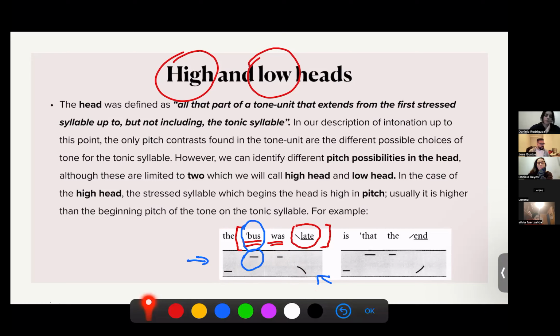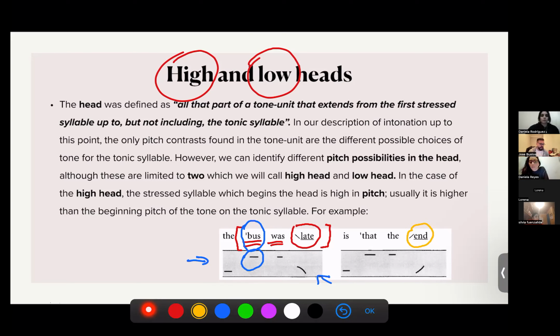Now, if we look at the second example, what is "end"? The tonic syllable. What type of tone? Rise tone. Now, where does the head begin? In "that".